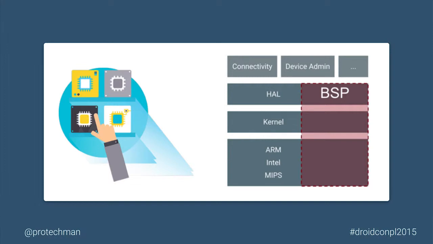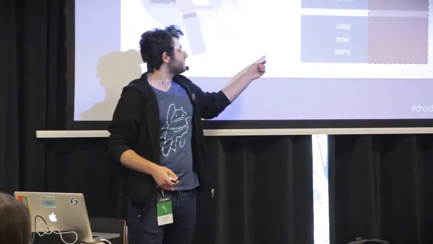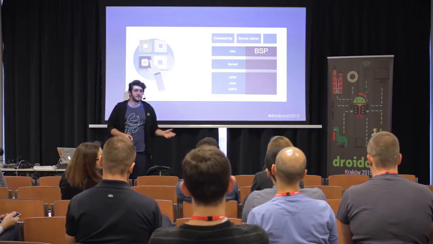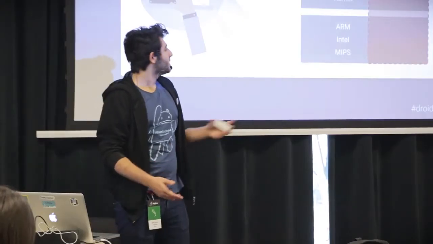And also, there's board package support for it. Brillo is supporting ARM, Intel, and MIPS devices. Currently, they announced a new Intel board, which is completely compatible with Android Brillo. And it can work on 128 megabytes of storage and 32 megabytes of RAM.